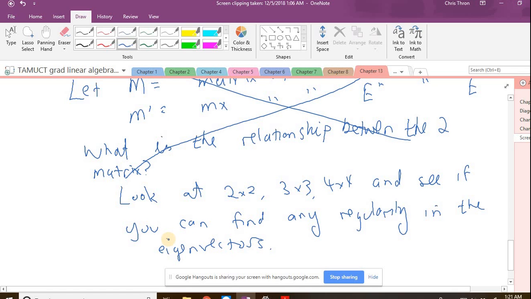That's what I would do. So let me let you work on that, and I'm sure you'll be able to do that. I'm confident in your collective ability to solve that problem.